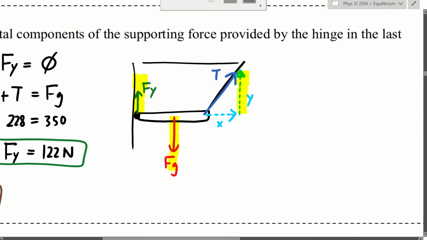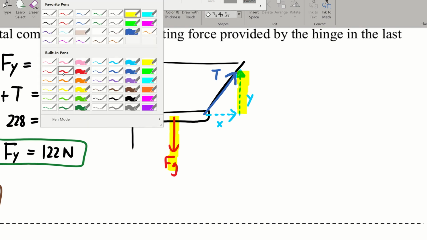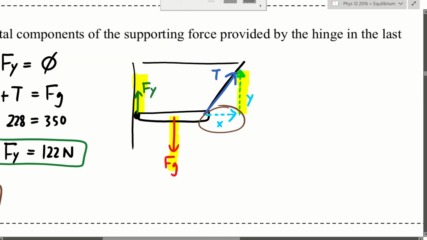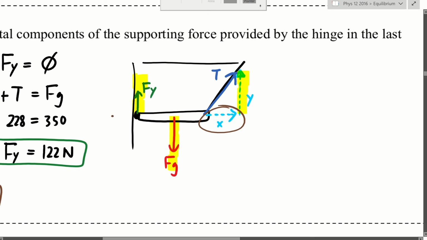But you notice there's one thing left, right? Who is fighting tension x to the right? Like, who is fighting this? Remember, if your answer is no one is, then this system is not in equilibrium, because that means the system will move to the right hand side. So there must be a force on the hinge that pulls it back.